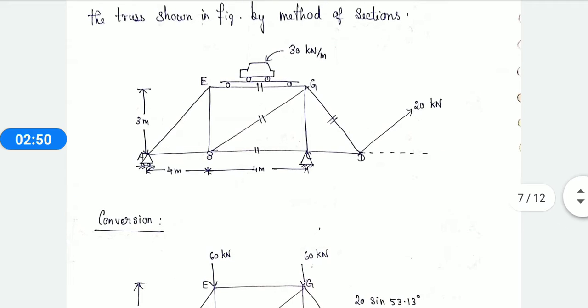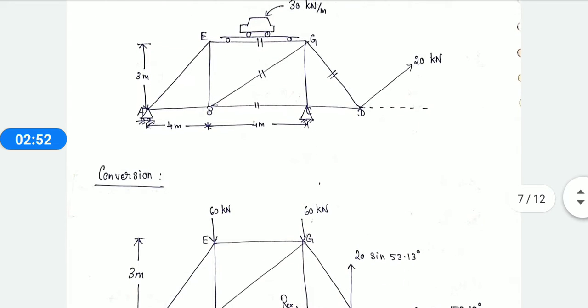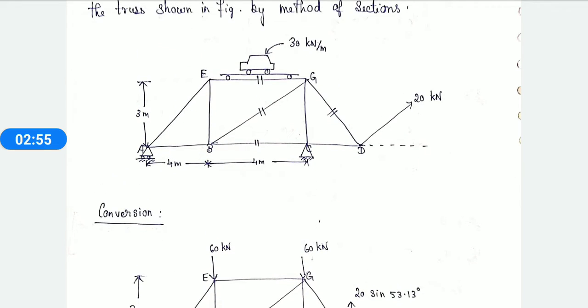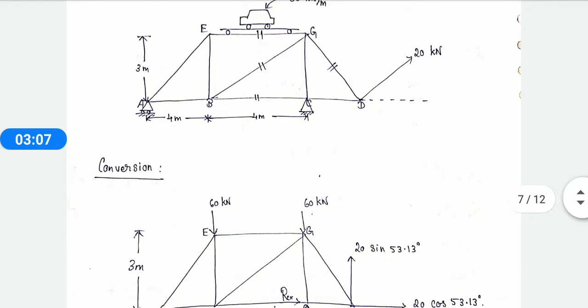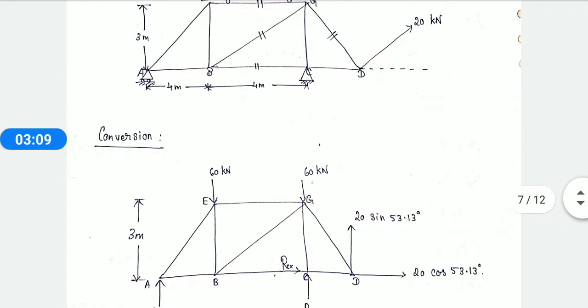Now we are converting this into a simple problem. Since they have given a load of 30 kilonewton per meter, that means it is a UDL. To convert the UDL into point loads, we already know that we have to separate it at two points of junction, 60 and 60 kilonewton each.